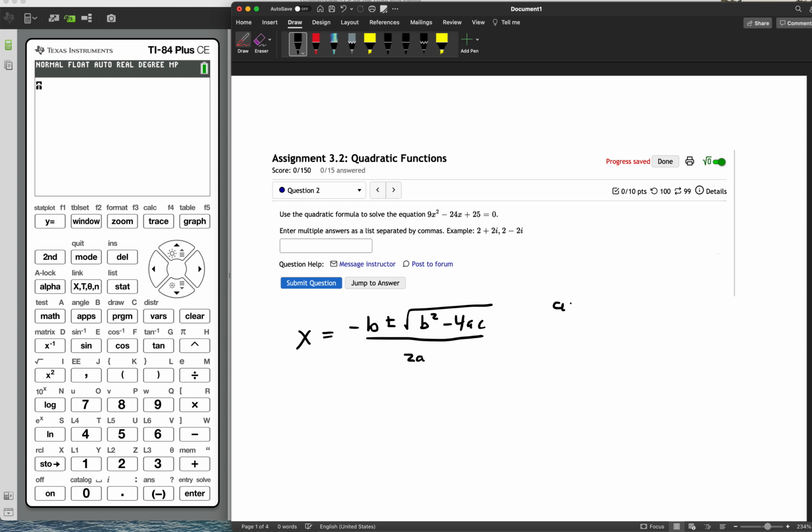Identify A, B, and C. Now plug in the numbers.